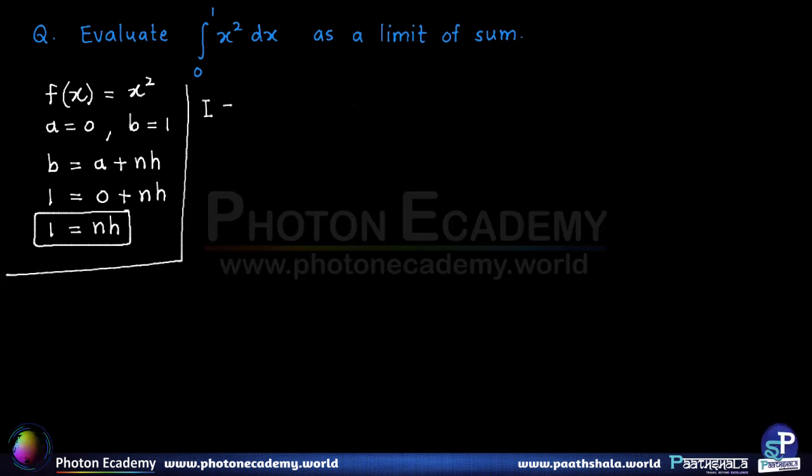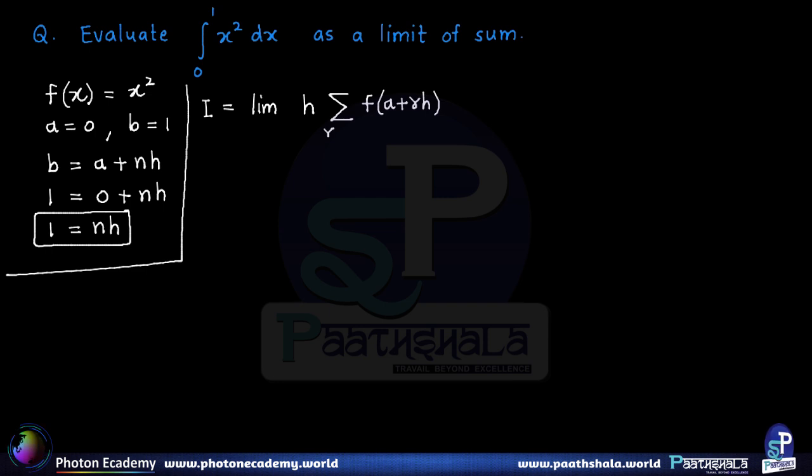Right. So keeping that aside, now let us start off with the integral. Let us denote it as say I. As per the formula, it is limit of h into summation of f of a plus rh, where r varies from 1 to n, and we take the limit as n tends to infinity, isn't it?